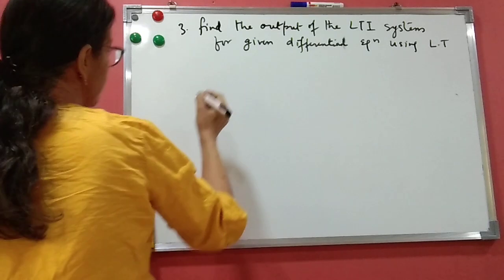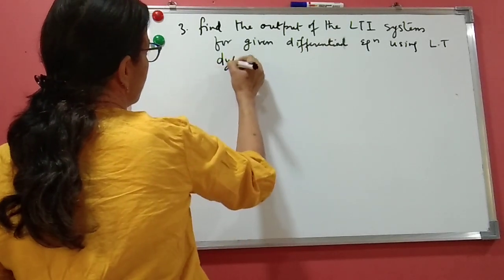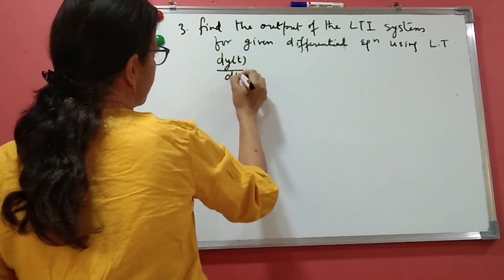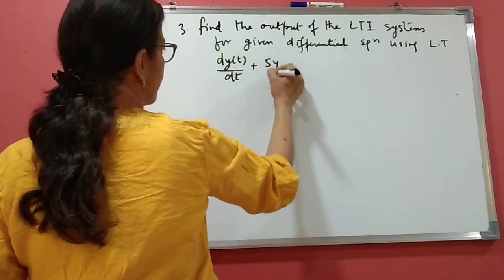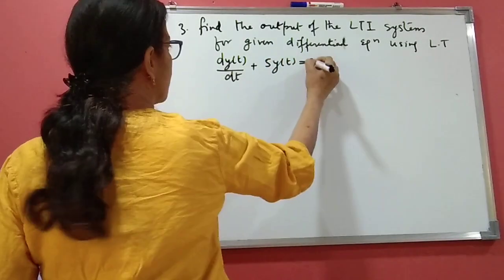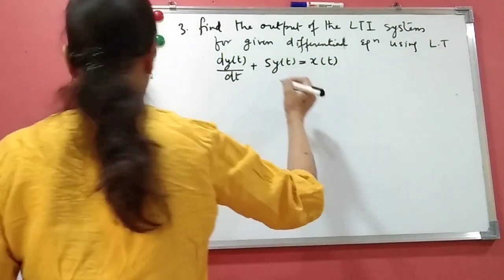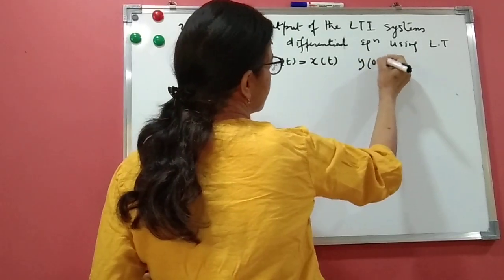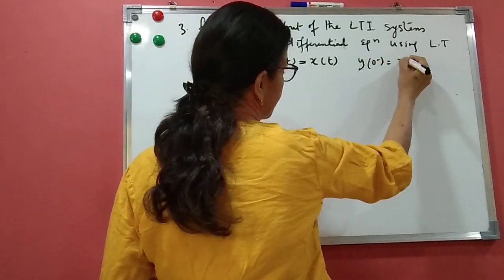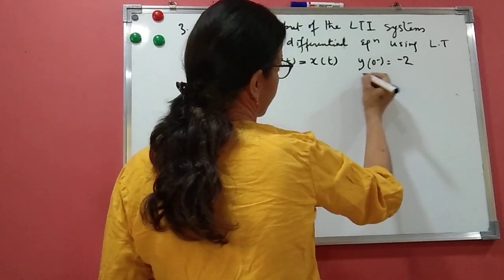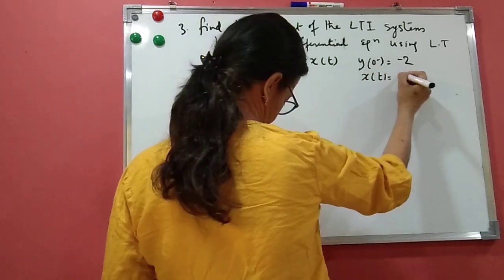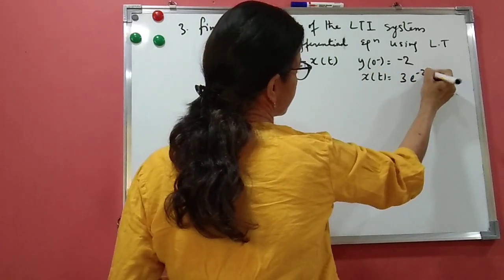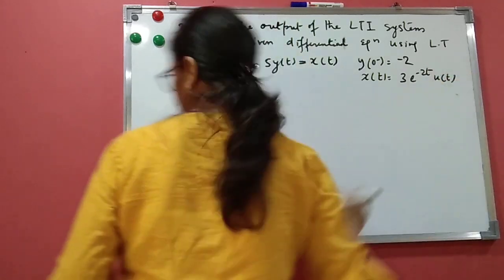Okay, the equation is given as dy(t) upon dt plus 5y(t) equals x(t), where y(0 minus) is given as minus 2 and x(t) is given as 3 e raised to minus 2t u(t).